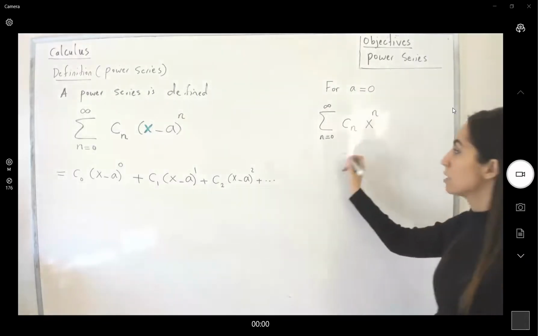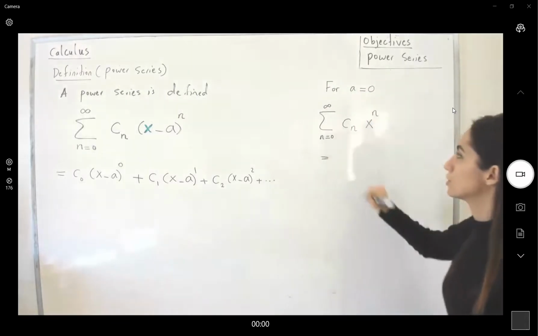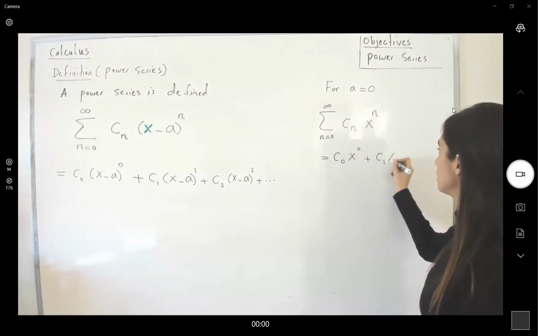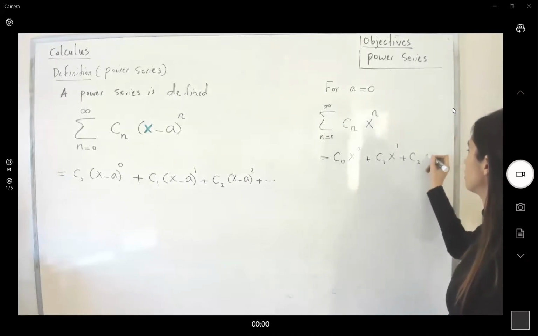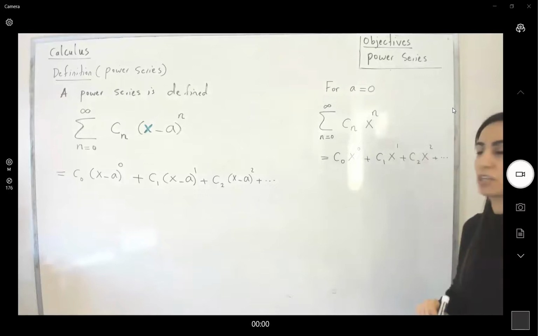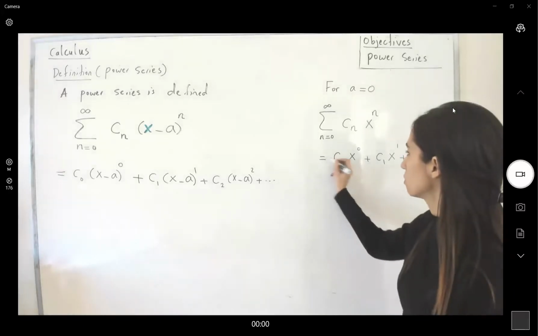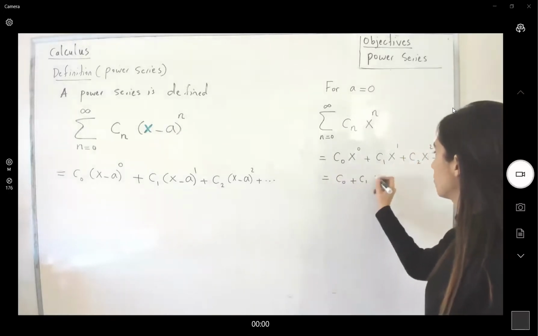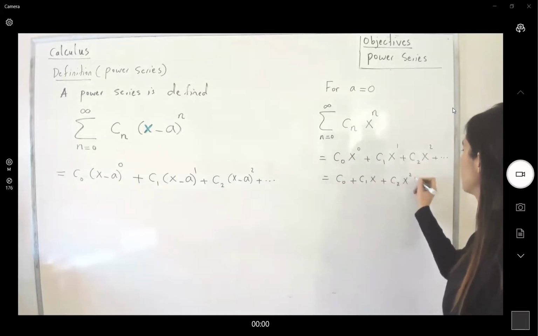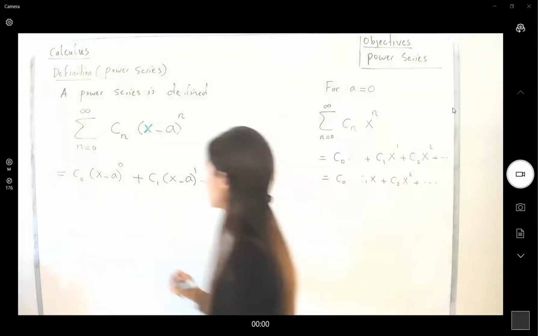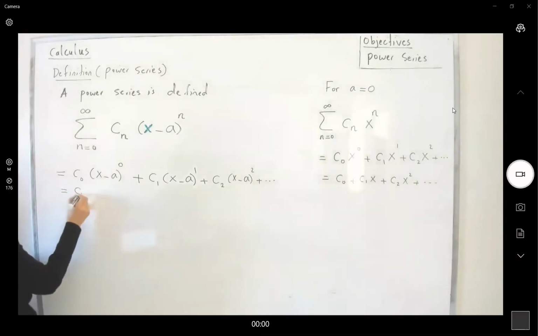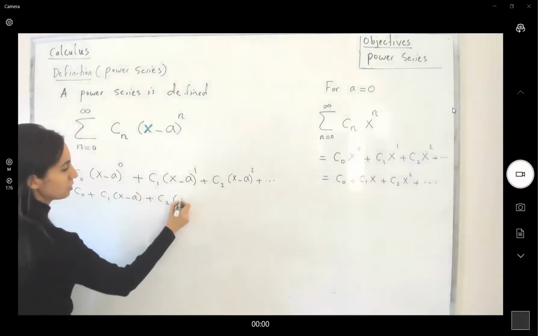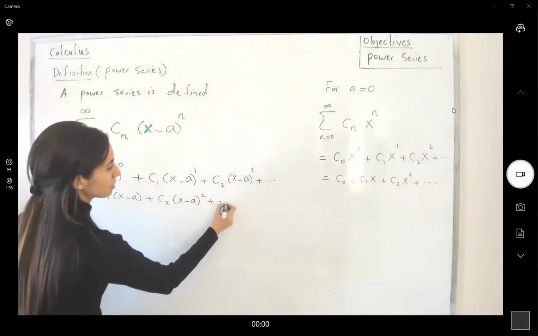So the terms of this power series when a is equal to 0 are c sub 0 x to the power 0 plus c sub 1 x to the first power, c sub 2 x to the second power, plus the rest of the terms. So x to the power 0 is just 1. We can write it as c sub 0 plus c sub 1 x plus c sub 2 x squared plus the rest of the terms. And in the general case, we have c sub 0 plus c sub 1 (x minus a) plus c sub 2 (x minus a) squared plus the rest of the terms.